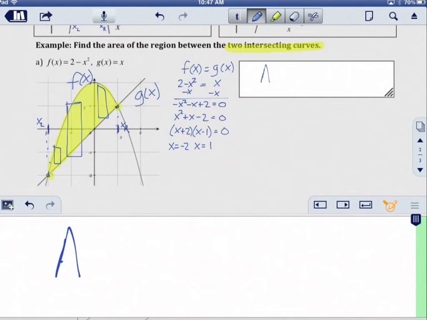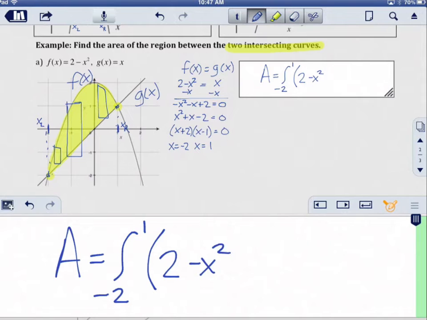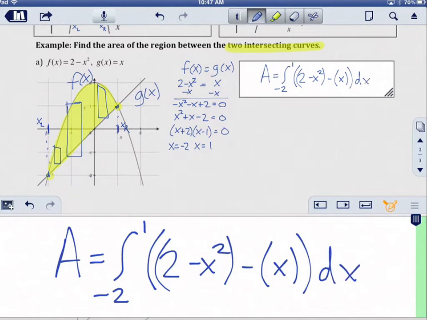So the area is going to be the integral from negative 2 to 1 of my top function, which is going to be 2 minus x squared, minus the bottom function, which is just x, and with respect to x.